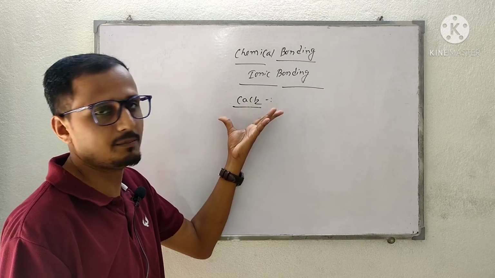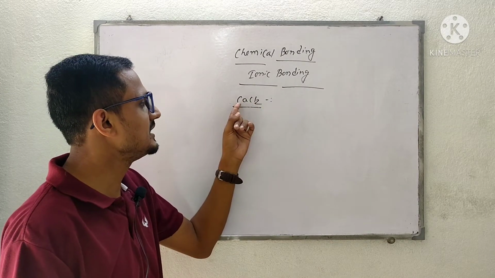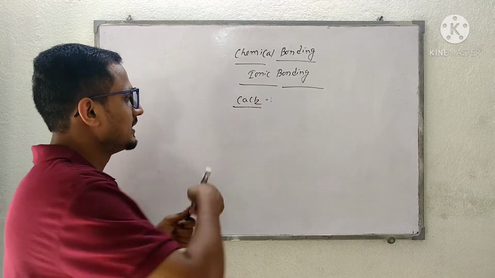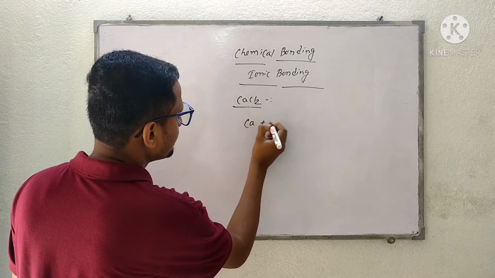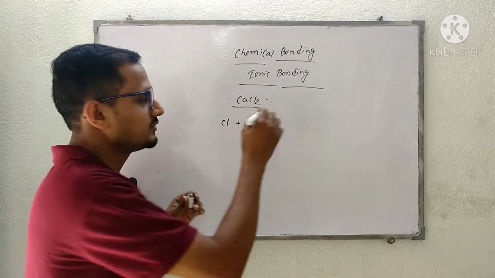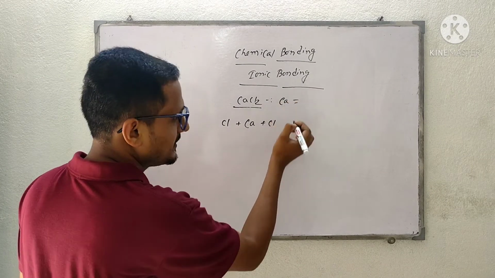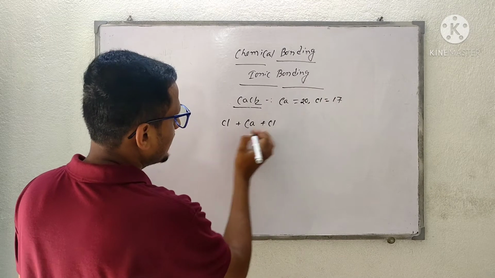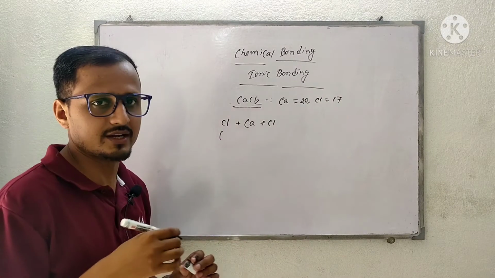This is a trivalent compound, that means 3 atoms are here, calcium and 2 chlorine. First of all we have to note the atomic number of each. The atomic number of calcium is 20, for chlorine it is 17. Now we have to write the electronic configuration.